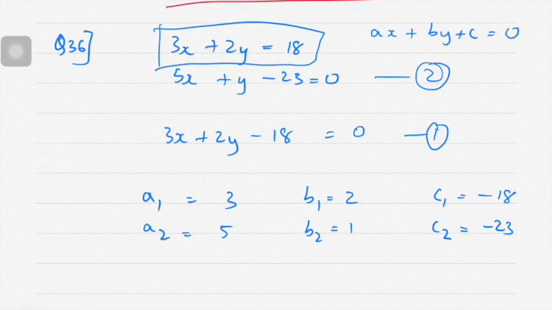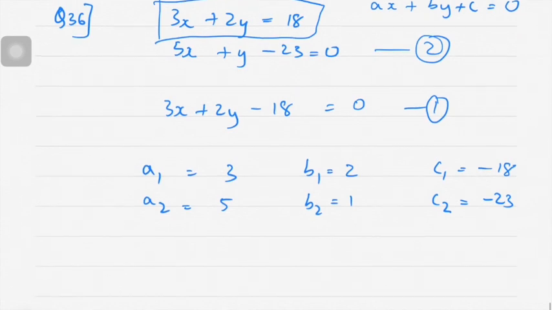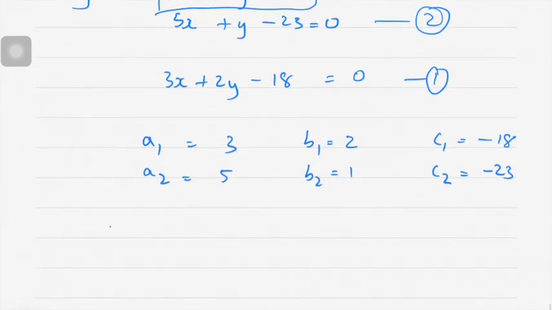I have written the equation in this format: Ax plus By plus C is equal to 0. So if any term is minus, you have to write it with the minus. Now find the value of x and y.